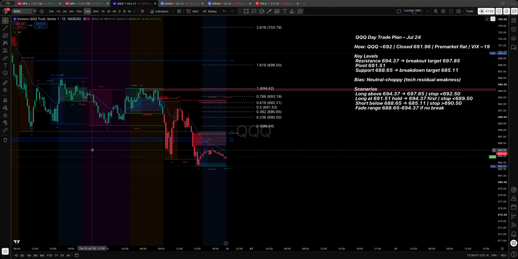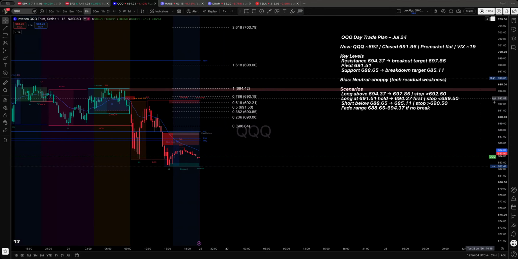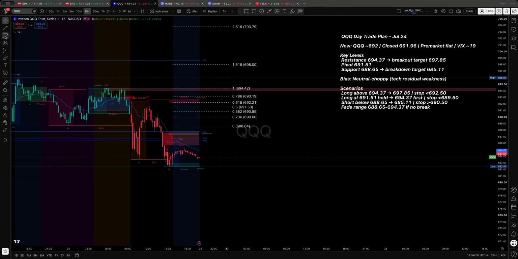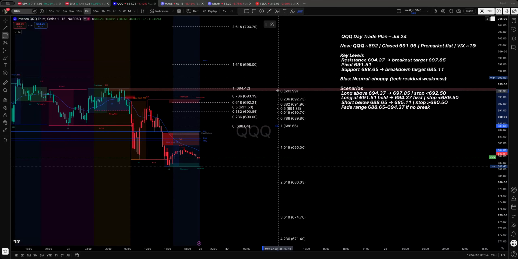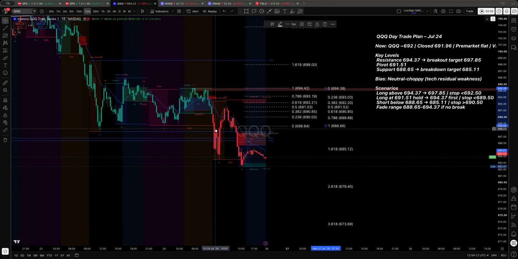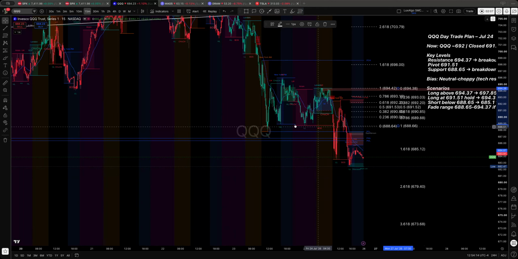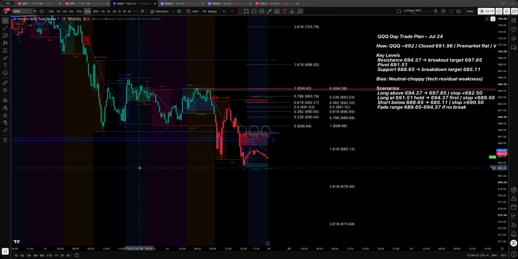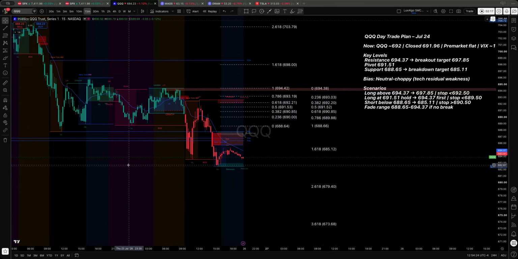So these are the fibs from that range. And then the low here, again, we're just looking for the downside, but more than likely, I'm looking for previous session lows for my first targets from the open, if we break down support here.